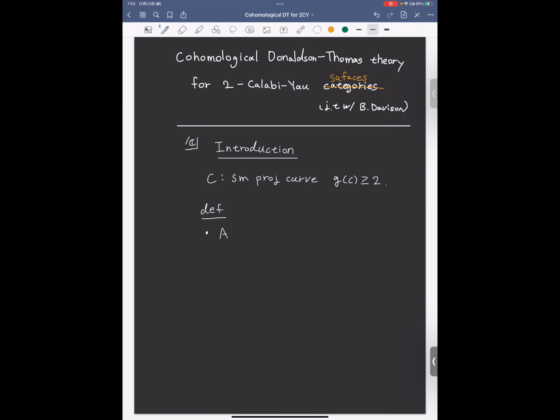A Higgs bundle on the curve C is defined as follows.